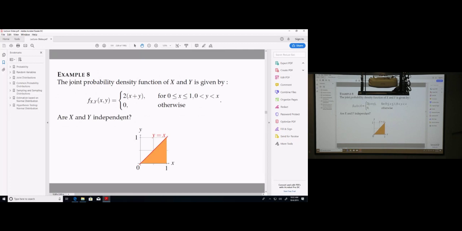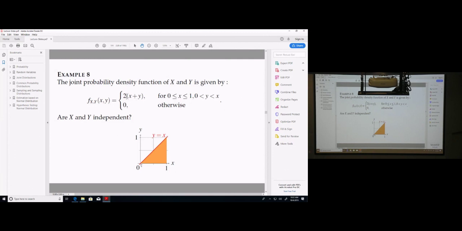Okay, example 8 is a negative example, giving you the fact that not all joint probability density functions will correspond to independence. Now, think of the following. If you are looking at the marginal of x, you will be integrating over y.